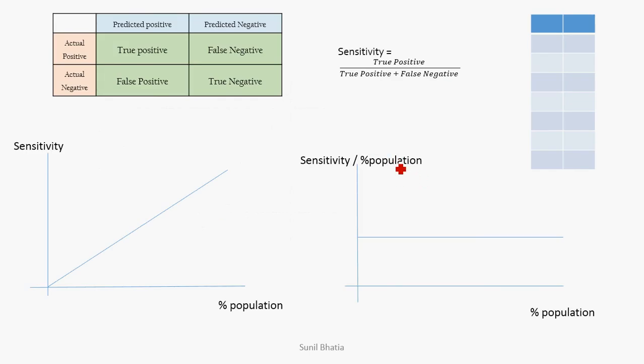The last is finding the lift and gain values. We find the gain, and from the cumulative gain chart, we try to find the lift chart. These lift and gain charts are also used for evaluation purposes. First we try to find the data for which our sensitivity or prediction was extremely accurate.